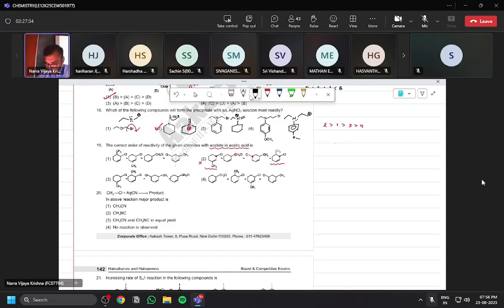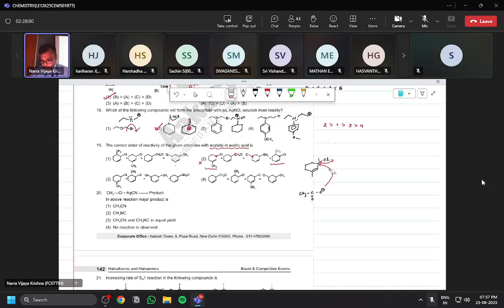See what I am doing. Here methyl is there. Here I am taking chlorine. Right? Now CH3COO minus, I am making it attack. I can make this attack here, making the chloride leave. Right?